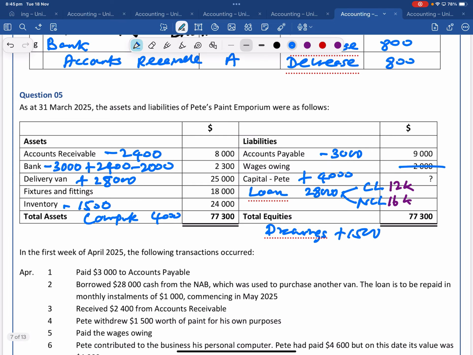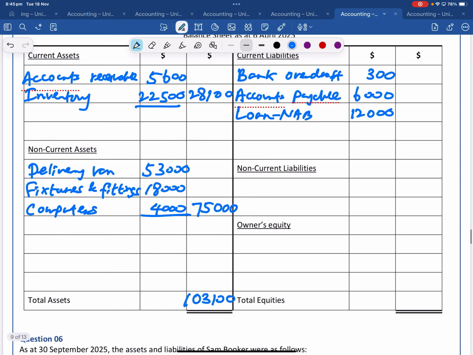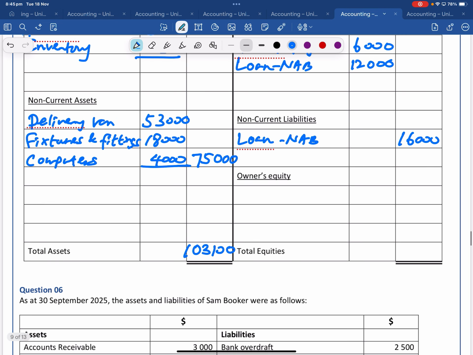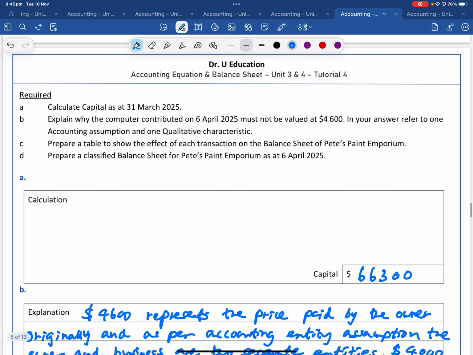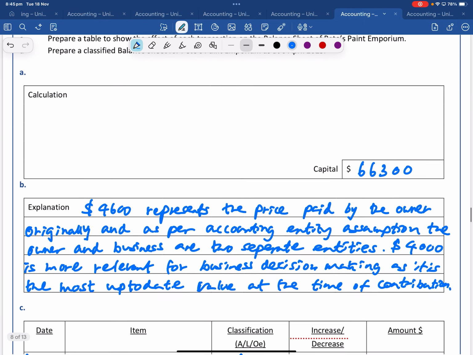Then we have non-current liability. How much? 16,000. And then we have capital 66,300. That's what I remember. Yeah, 66,300.